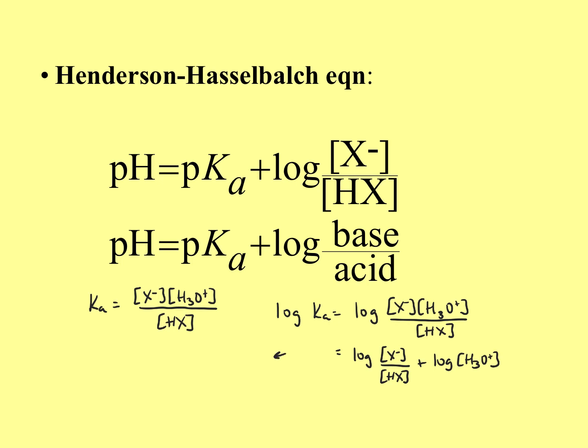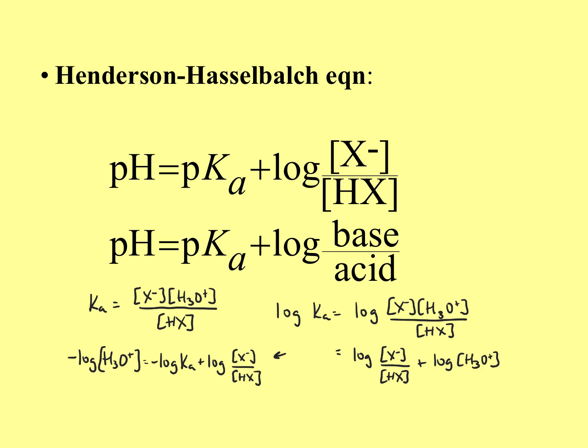So I'm going to, don't want to run out of room here, negative log [H3O+], and I'm going to move the log Ka to the right side, and say negative log Ka plus log of [X-] over [HX].